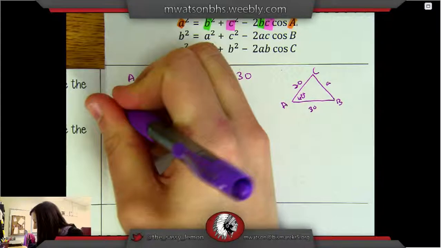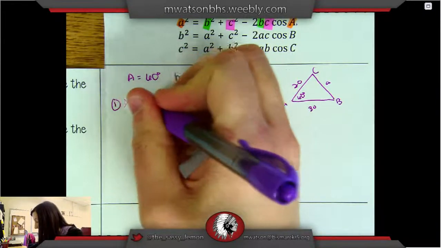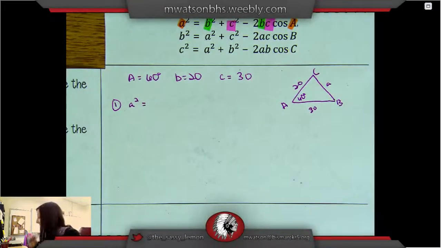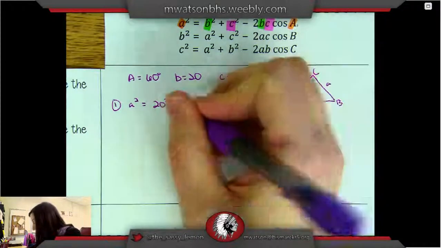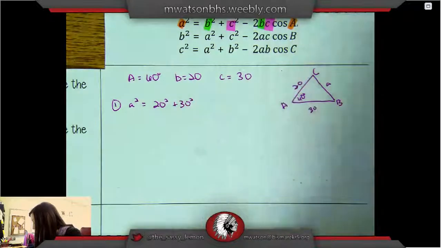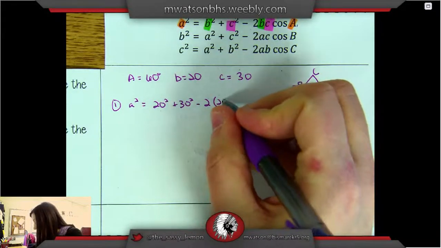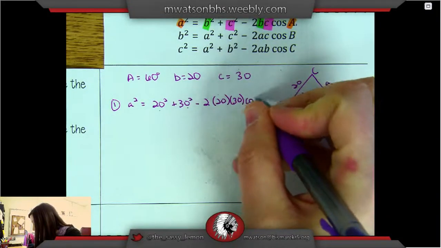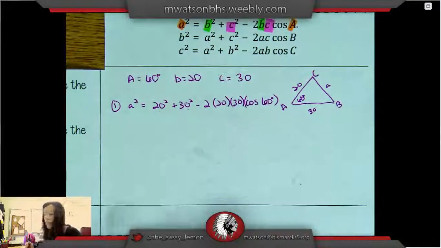So step 1, we want to find A. We're going to use a squared equals, use this top one, and put b squared, which is 20, plus c squared, which is 30, minus 2 times this side length times this side length times cosine of our given angle, which is 60 degrees. And remember, cosine of 60 is a number in and of itself.